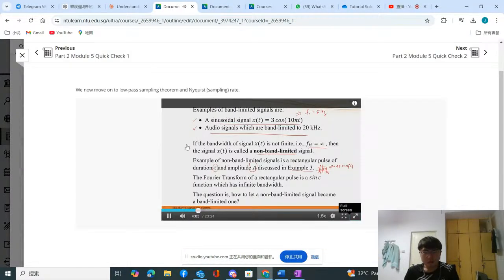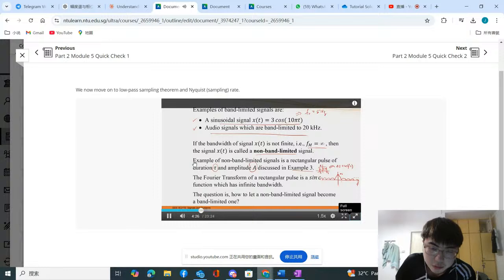If you plot the amplitude spectrum of the sinc function, it has a frequency content behaving this way. It extends to infinity, and the amplitude at this point here is A tau. The first zero crossing point is 1 over tau, and the second zero crossing point is 2 over tau. This is minus 1 over tau, and minus 2 over tau, and so on.